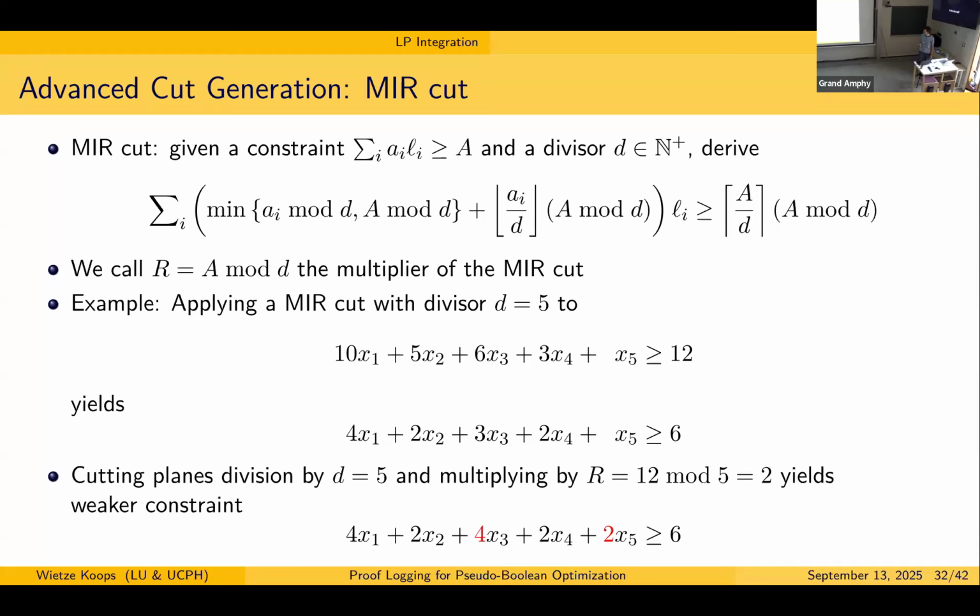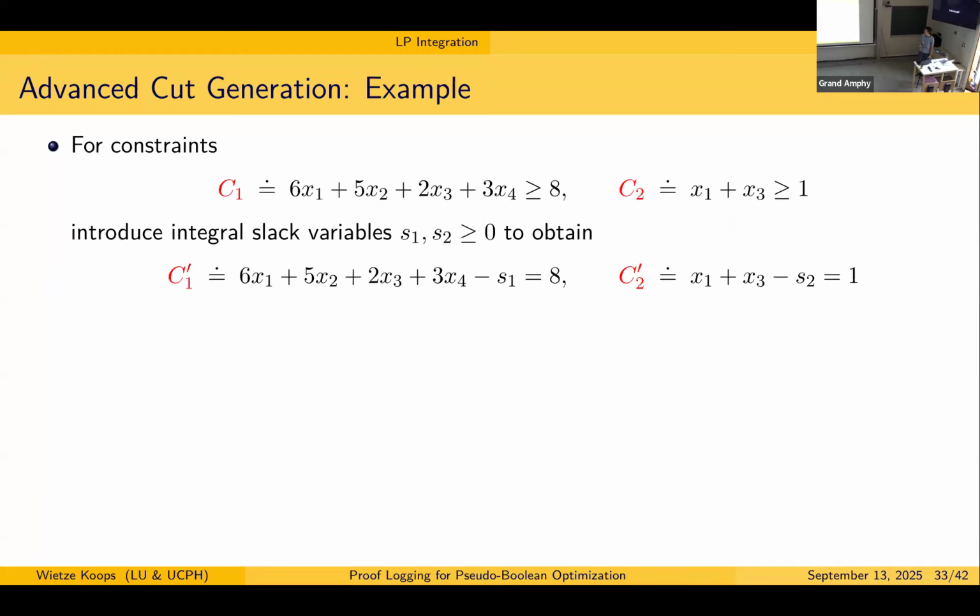The exact mechanics of the formula maybe require a whole separate talk to explain. Another interesting thing that's happening in the solver is that to explain the reasoning of the solver in the most natural way, we would introduce integral slack variables in our constraint. Let's say that we have this constraint C1.